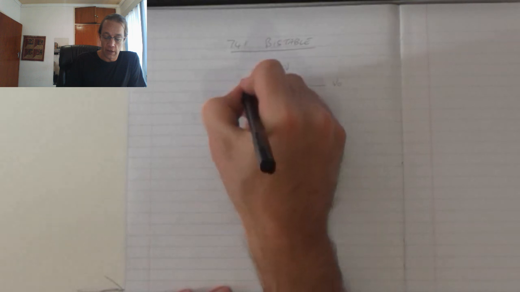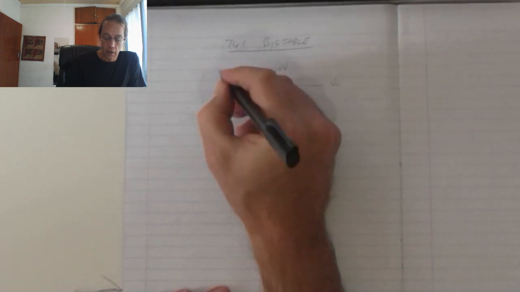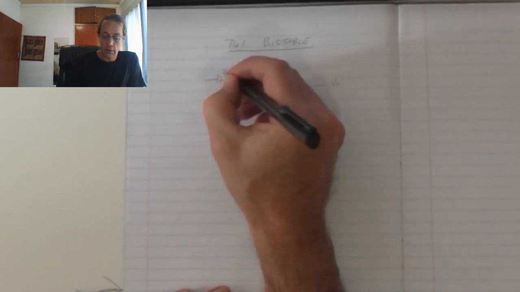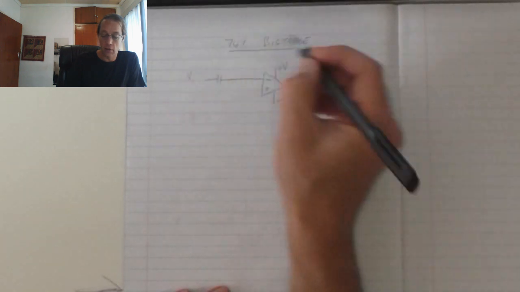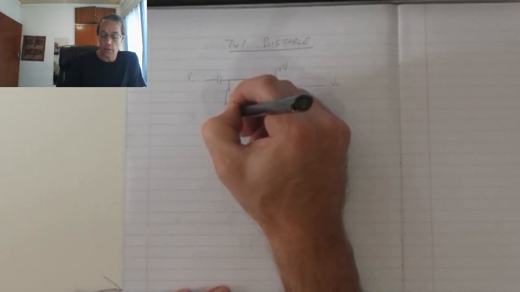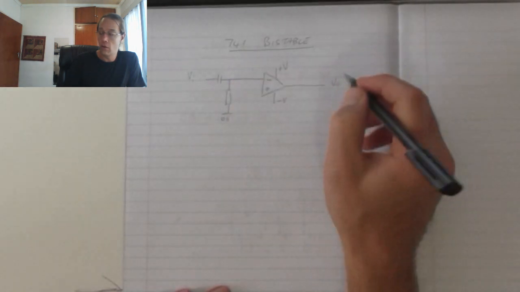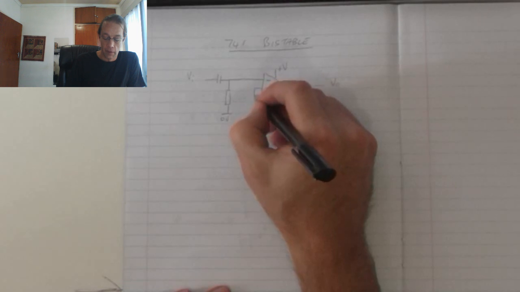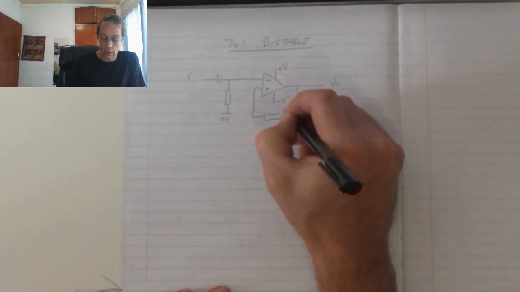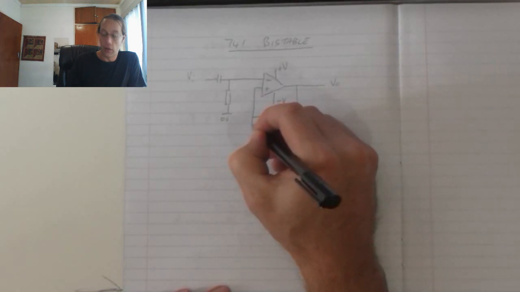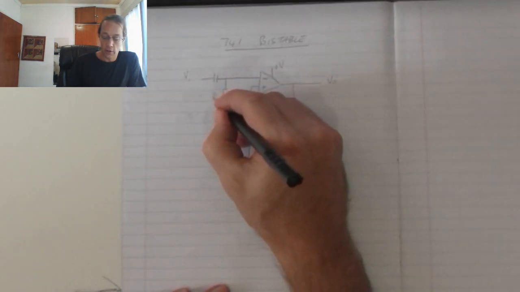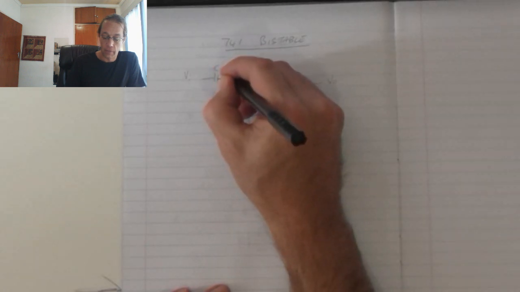My input is going to connect to a capacitor, which is not really necessary. This is my input voltage, and this will connect to 0 volts to serve as my reference. I will have a feedback circuit over here with RF as well as R1. Let's call that Rn and that is Cn.